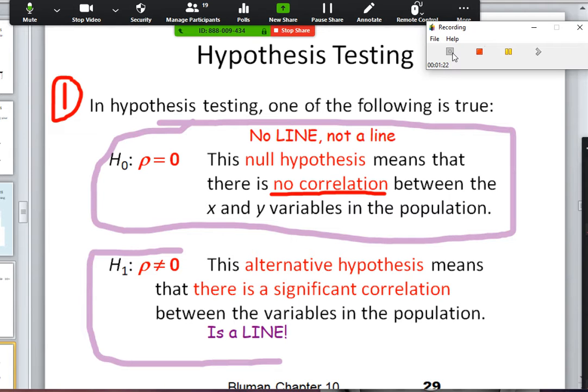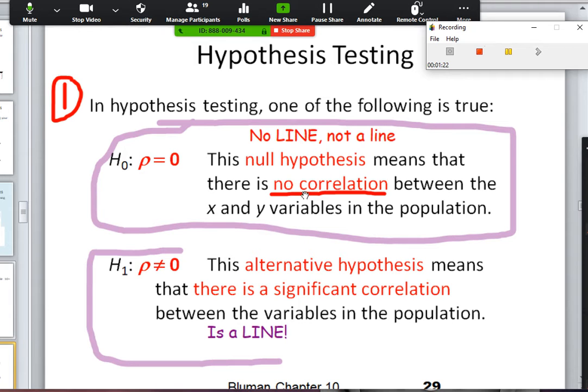Null means nothing, no, none, no line. So H naught is no line, no correlation. No difference, so it's going to be equals. The null hypothesis is always equals. Rho equals 0. So in this case, no difference, no correlation, no line.